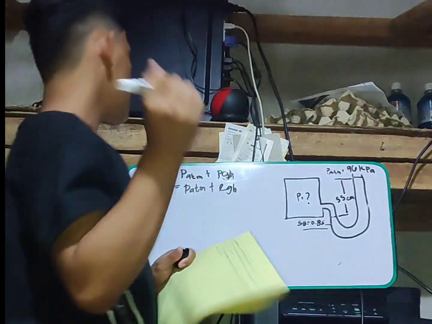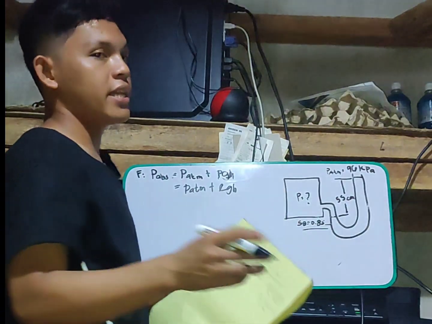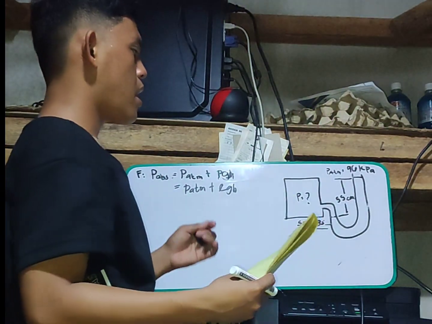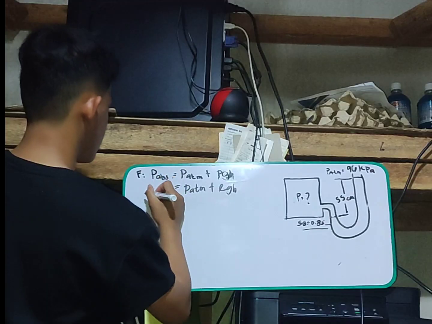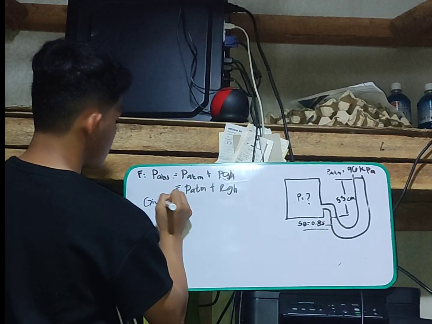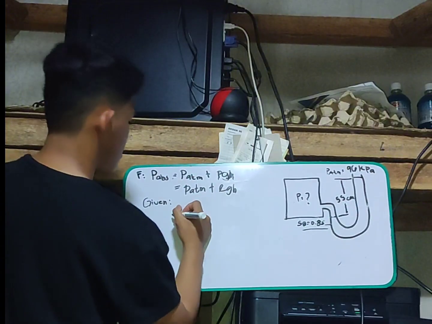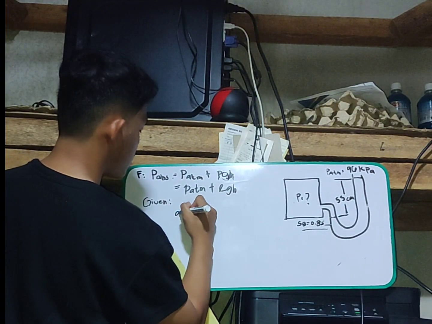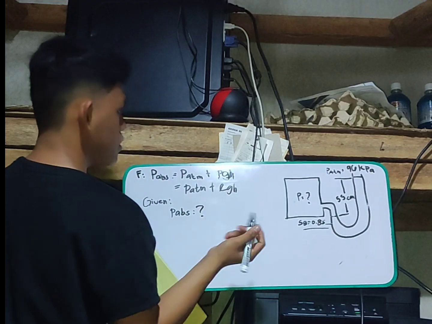Okay. So, let us identify the given first. Our given, we have first here the absolute pressure, which is unknown.